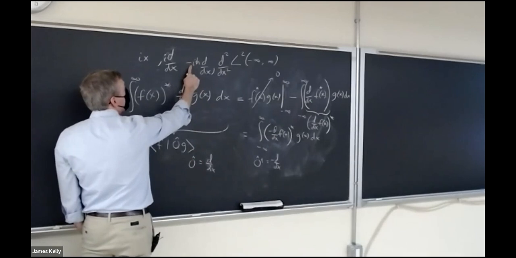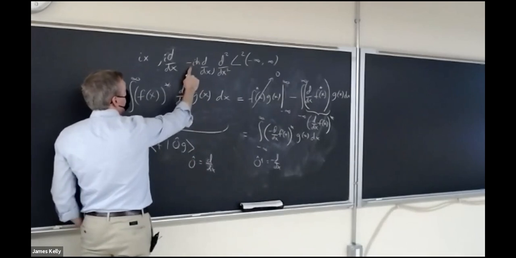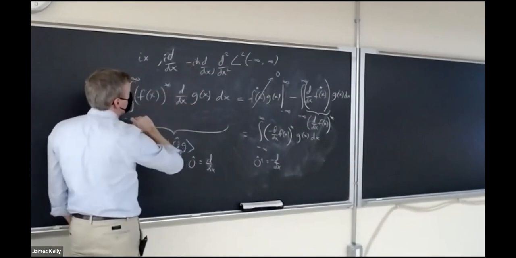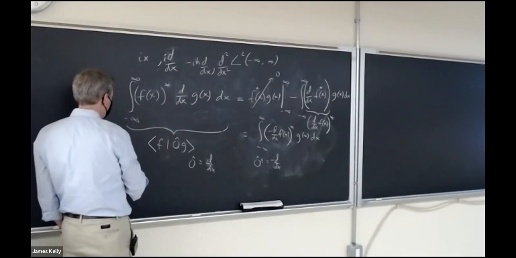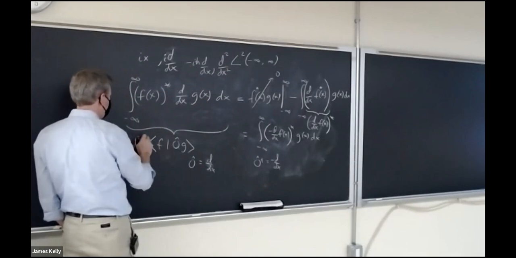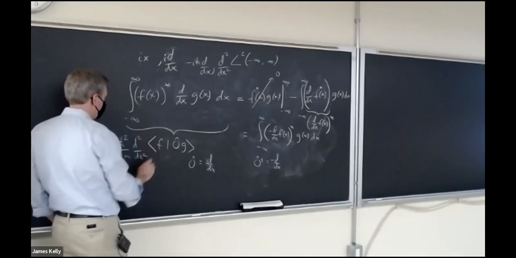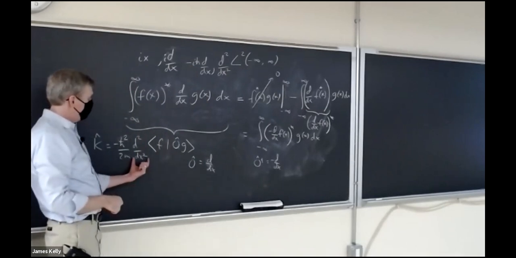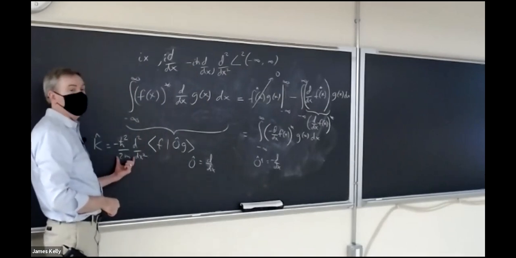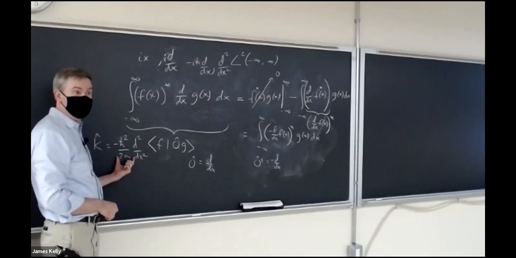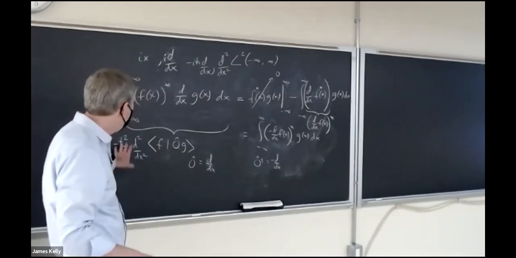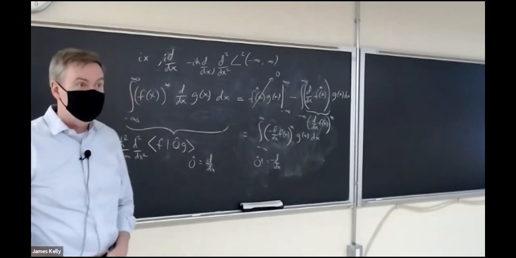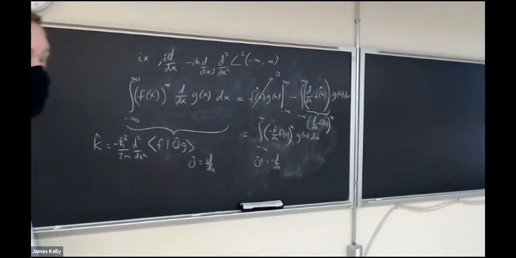When I take P squared, I'll get minus h bar squared over 2m times d squared dx squared. So if this is Hermitian, I've just multiplied by a real number out in front of it. This combination is still going to be Hermitian. As long as I don't have any i's out here, it doesn't affect the hermiticity of that operator, as people would say.